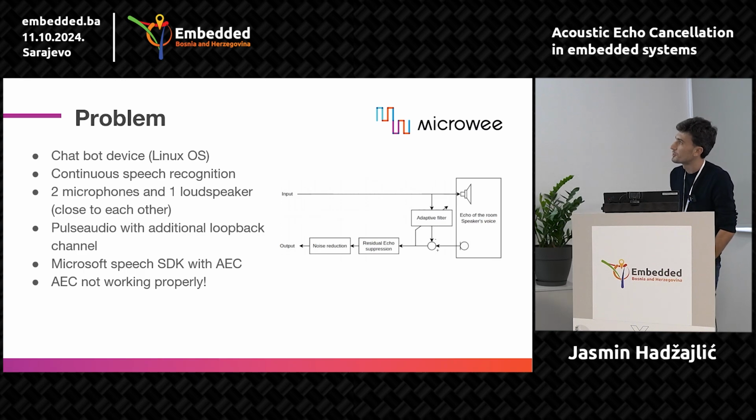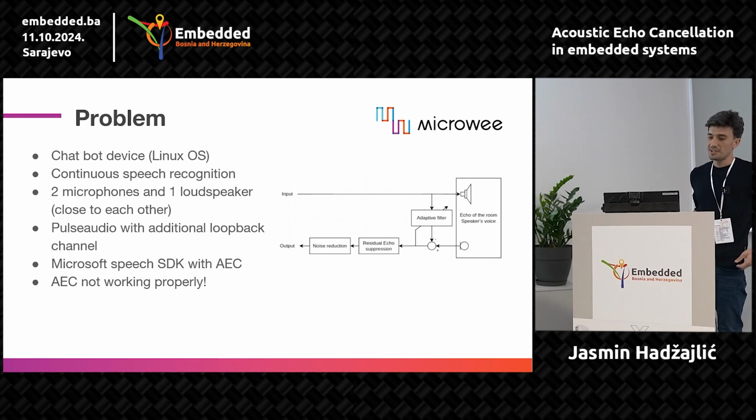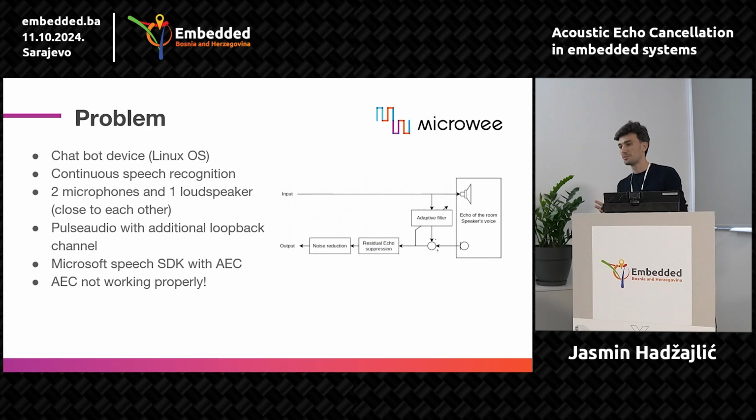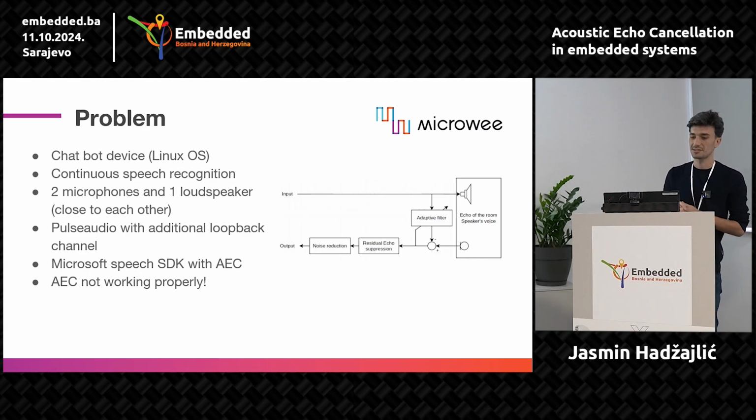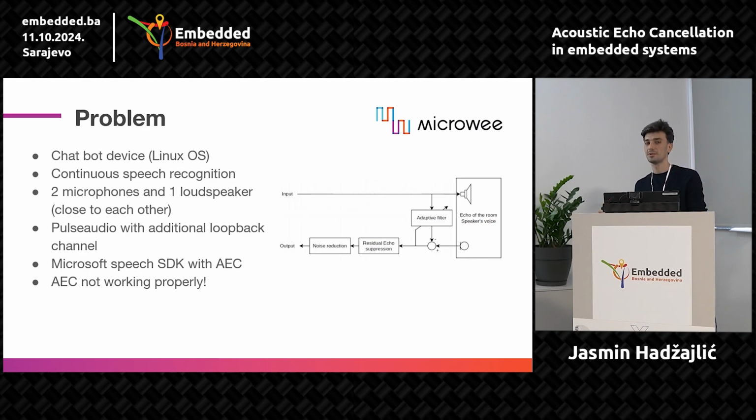And now to the problem. I already mentioned that we have a kind of chatbot device. That device is not meant to be a chatbot device, so it's not designed to speak with it and get responses from it, but for some other features. But as we have speakers and microphones in it, why not do that?